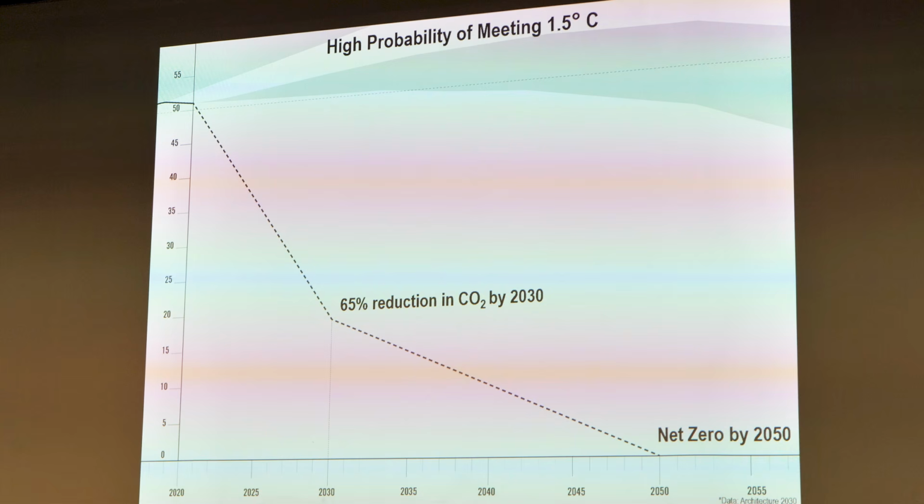Well, we had COVID, dropped a little bit, and then came back up again. So this is where we're at. At 2025, we have a lot of work to do to be able to get a 65% reduction with a higher probability of keeping it below 1.5.